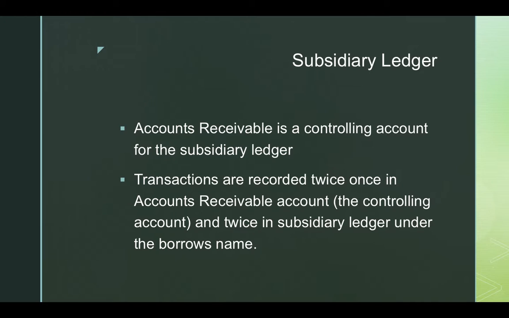The subsidiary ledger has each individual client that owes us money listed separately. So you have your subsidiary ledger, which is the clients' different accounts where we keep the balance for each client, and if you add it up, it should be equal to the amount in accounts receivable.